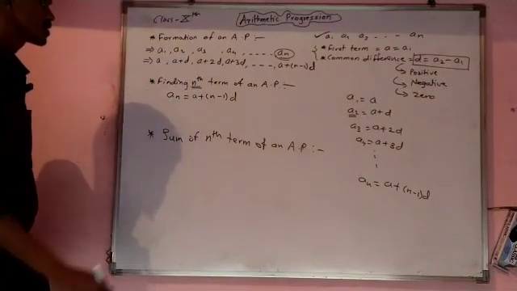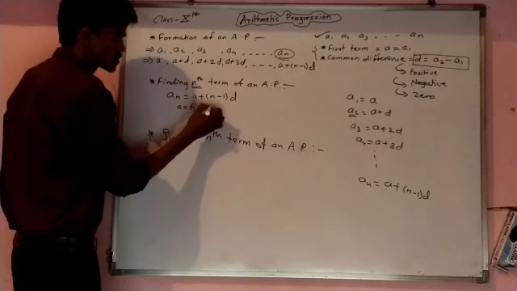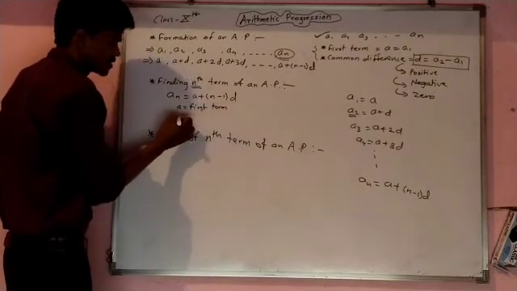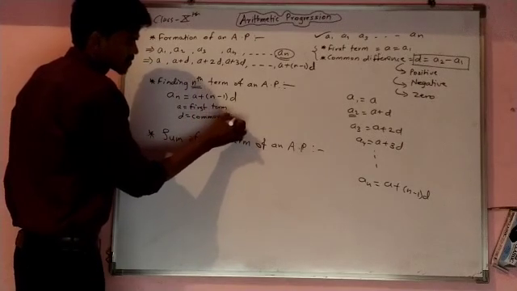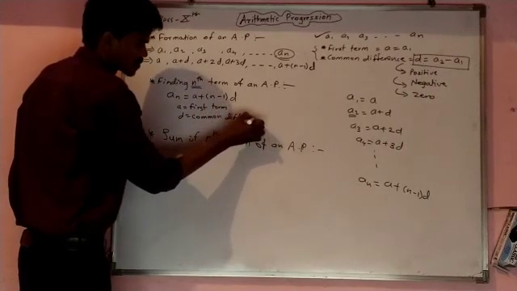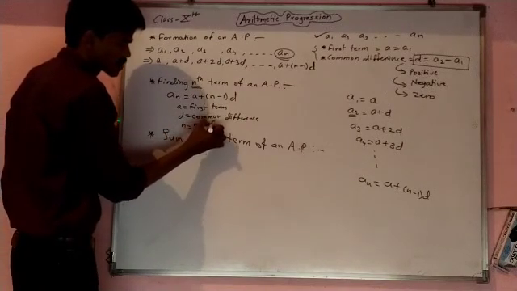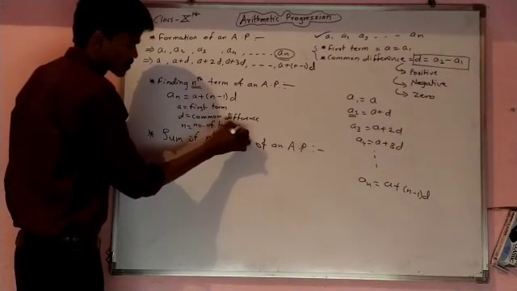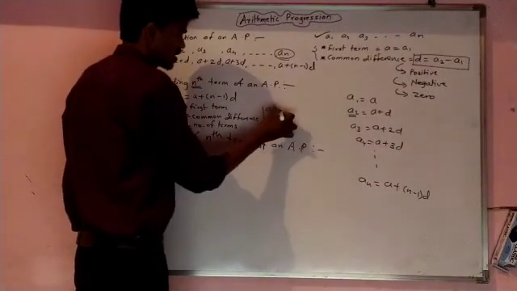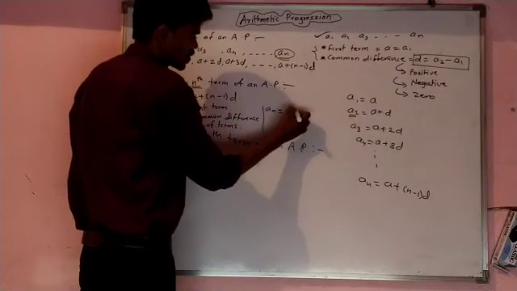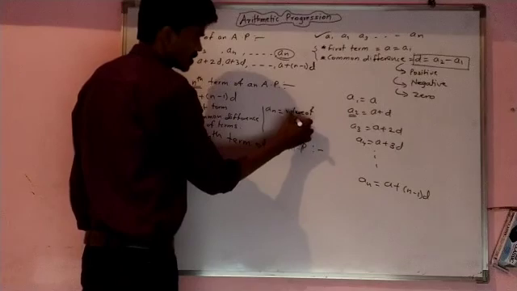Here also a is equal to the first term, d is equal to the common difference, n is equal to the number of terms, and an is equal to the value of the nth term.